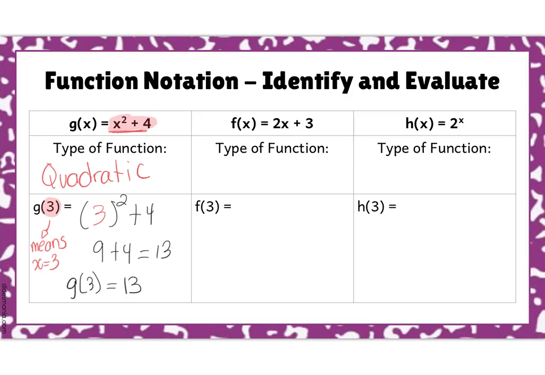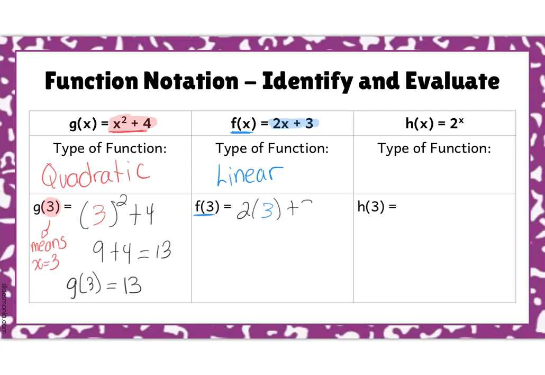We can do the same thing with f of x. Because my function rule is 2x plus 3, where my x is standalone, it is not being squared or anything, this is a linear function. This time I am told f of 3, so this f of 3 means that I should use my function called f, and similarly, this means that x is actually the number 3, so I can go ahead and replace my variable x with the number 3.